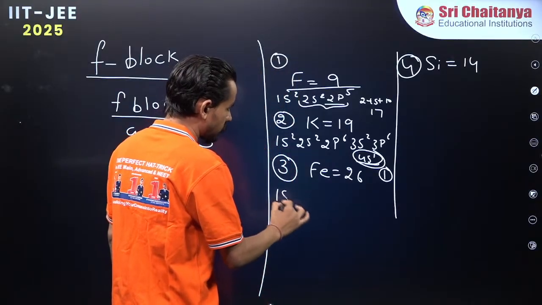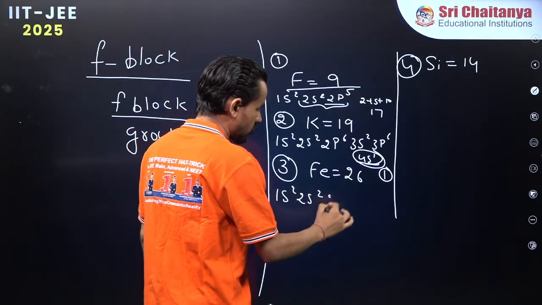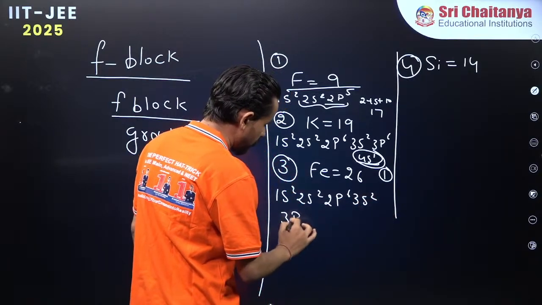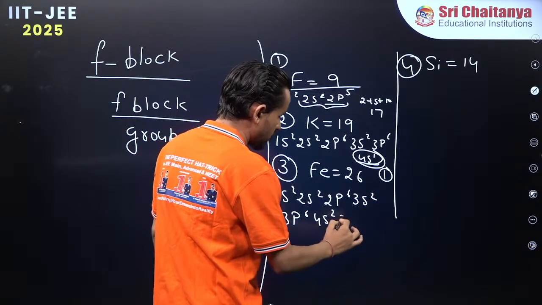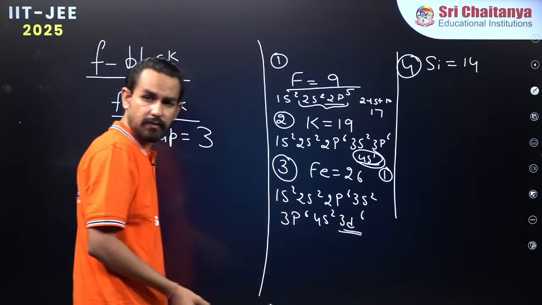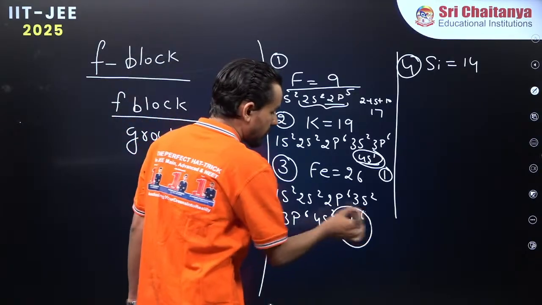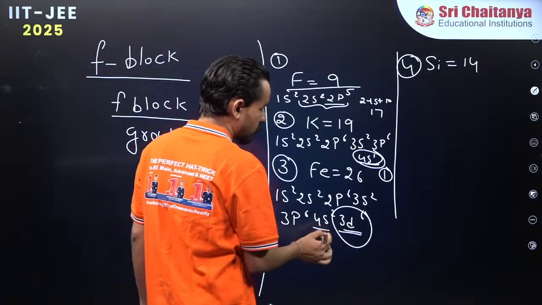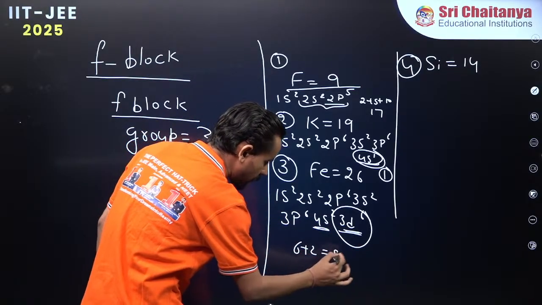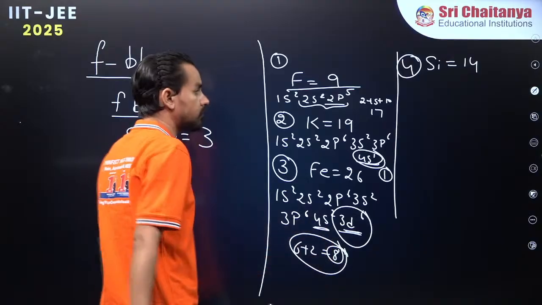Iron 26: 1s2, 2s2, 2p6, 3s2, 3p6, 4s2, 3d6. So the d subshell means it lies in the d block. D block means ns plus (n minus 1)d, that is 6 plus 2, equal to 8th group.